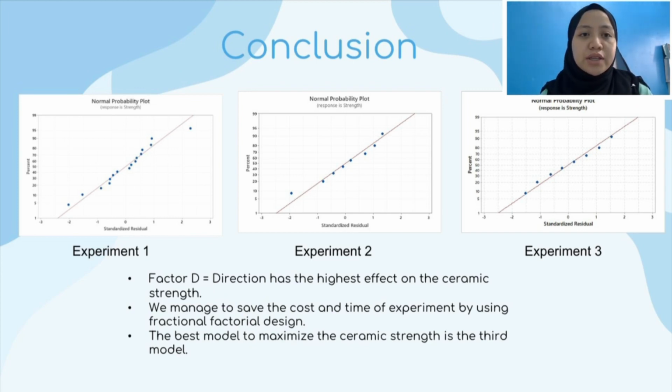So we can say that factor D has the highest effect on the ceramic strength, and we managed to save the cost and time of the experiment by using the fractional factorial design. Then we can conclude that the best model to maximize the ceramic strength is the third model.